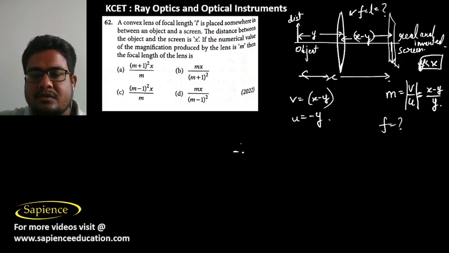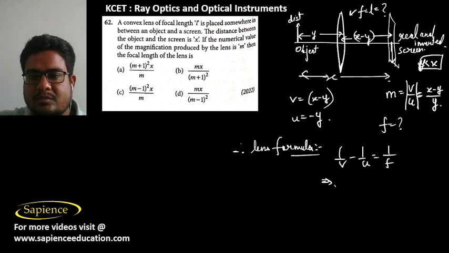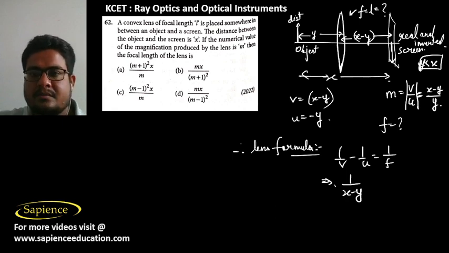Therefore, if we apply the lens formula, we will get 1 by v minus 1 by u is equal to 1 by f. So this will be 1 by v, that is 1 by x minus y, plus 1 by y, equal to 1 by f.